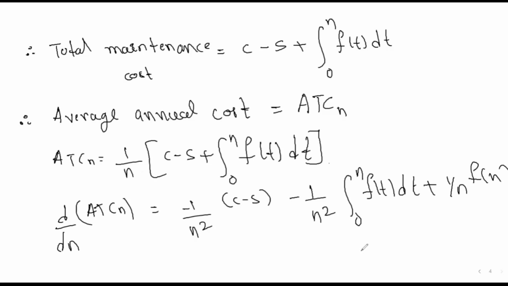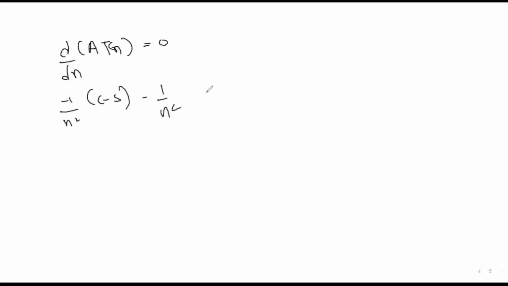So next, we have to equate to 0 that differentiation of the average annual cost. That is minus 1 by n square into C minus S, minus 1 by n square integration 0 to n f of t dt, plus 1 by n f of n, equal to 0.